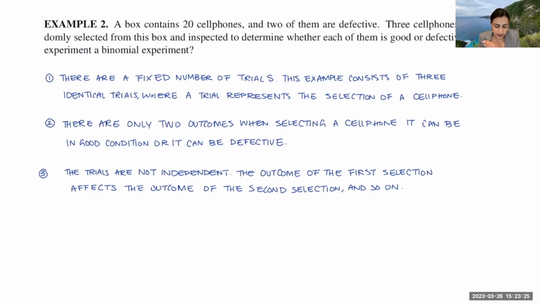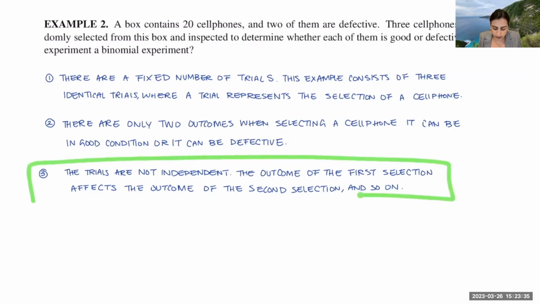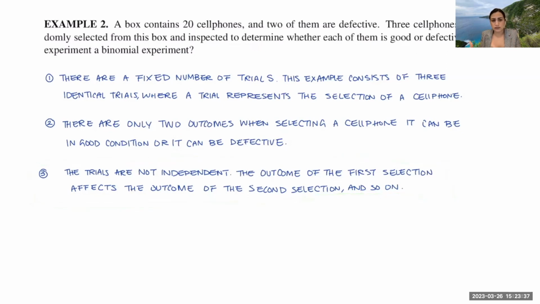So it doesn't matter if maybe 3 out of 4 are satisfied. The moment one breaks, it's not a binomial experiment anymore. So this here is already going to break it, and it doesn't really matter for us to move forward. We just say no, this is not a binomial experiment because the trials are not independent, meaning that the probability of a success is not always the same in every single trial.